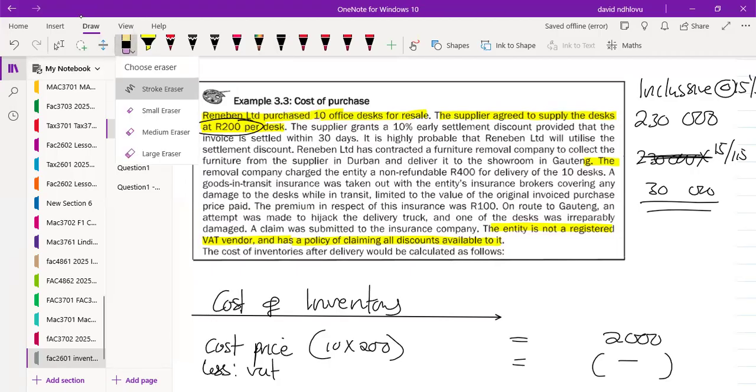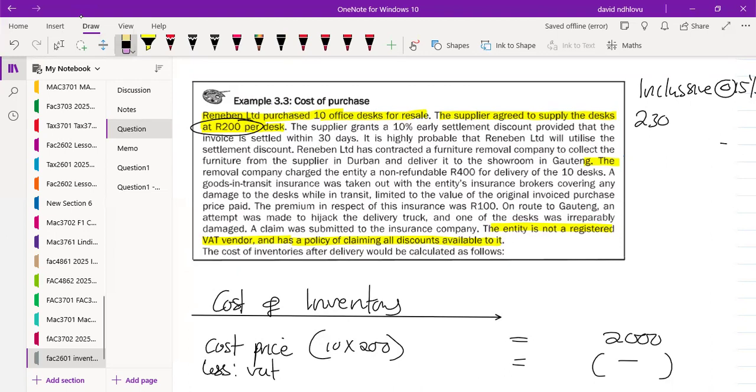Right, let's continue. We have dealt with the issue of VAT. VAT must not be included. If it is already included, then you must deduct it. You know how to calculate it. When we read the question, we were told that this person was also given a discount. It says the supplier grants a 10% early settlement discount, provided that the invoice is settled within 30 days.